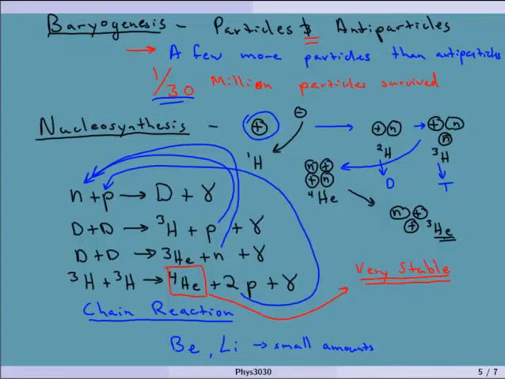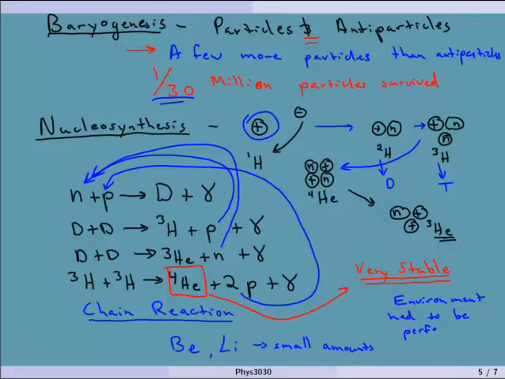And once you're there, you kind of stay there. Okay, and then you're good to go. And those neutrons that decay really fast, once they're in a helium, they're stable and they're okay and they're happy. Okay, and this nucleosynthesis era lasts for only a very short time, and the environment had to be perfect.